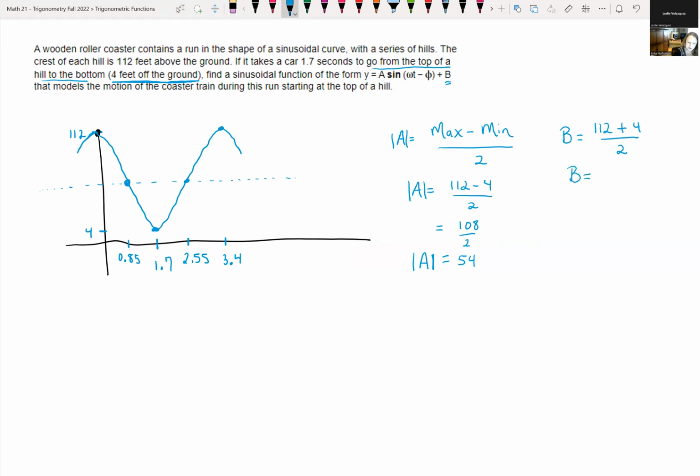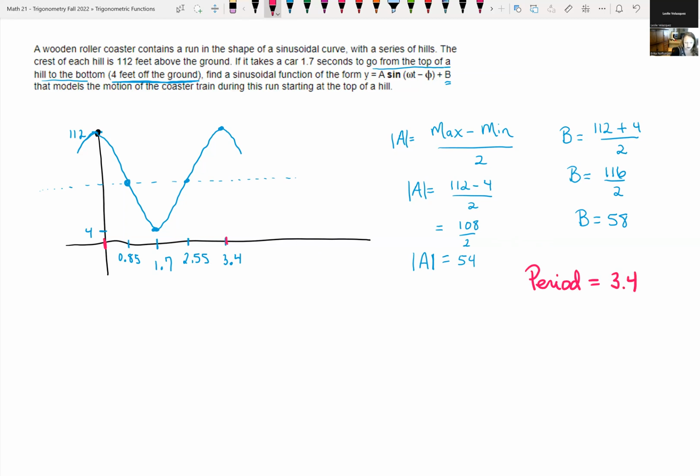So B is equal to 116 divided by 2, which is 58. Looking at the period, let's just start at 0, and it does one full cycle and starts again at 3.4. So I can see my period is equal to 3.4.